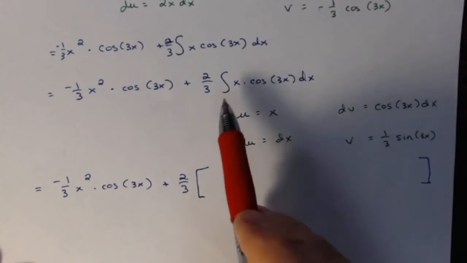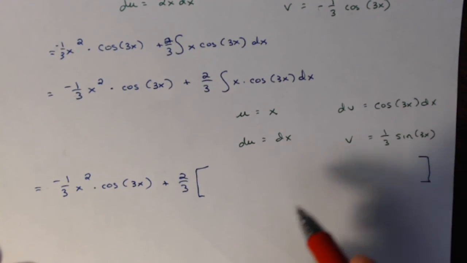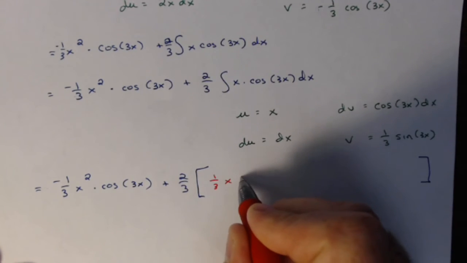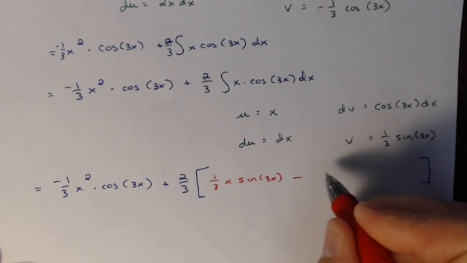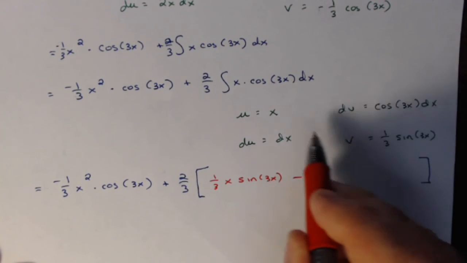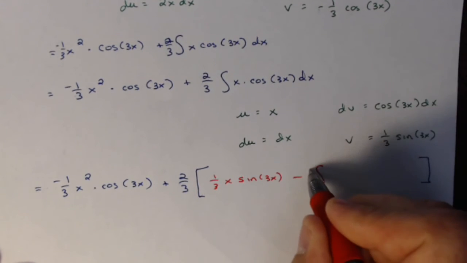So let's see. The result of this integral is u times v. So I'm going to write down, here's u times v minus the integral of v du.